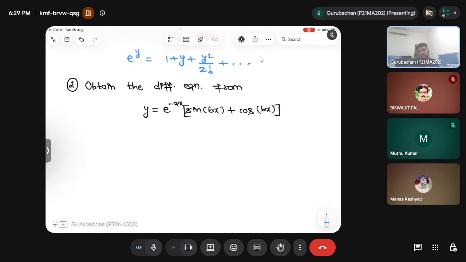Quickly tell me the differential equation. How many parameters are there? Two parameters, a and b. You have to eliminate both. Tell me the differential equation.